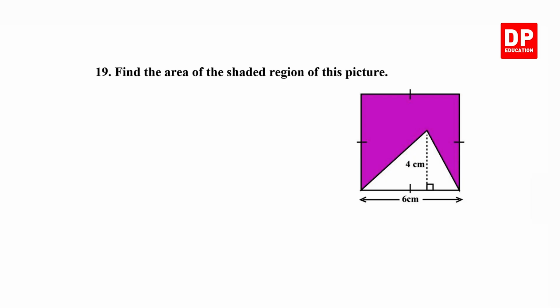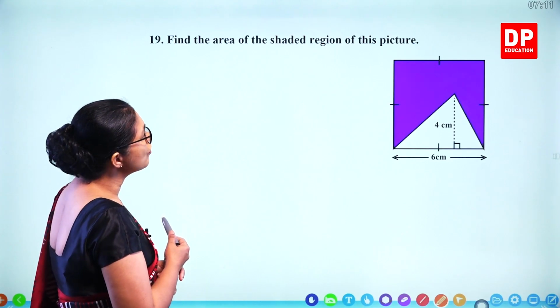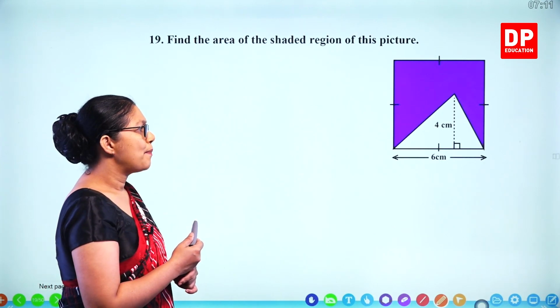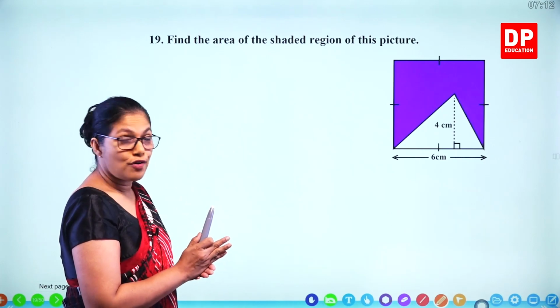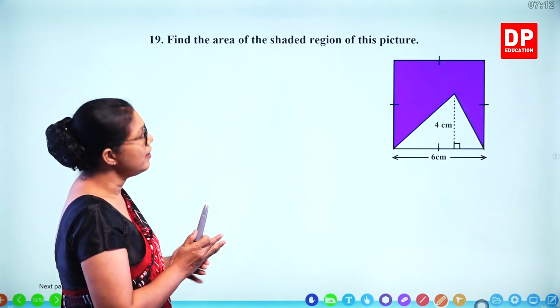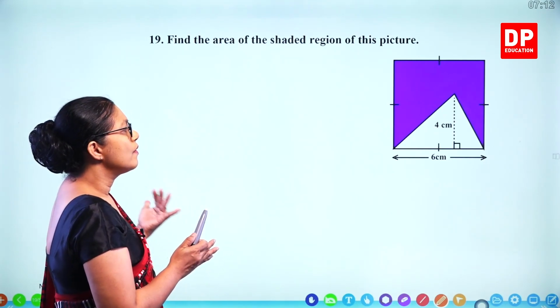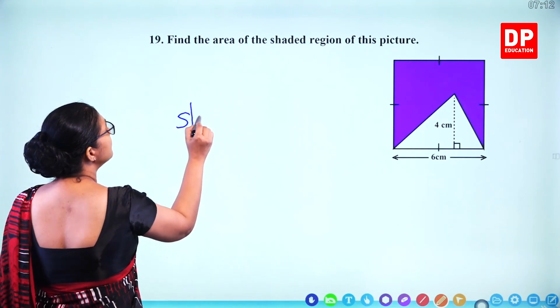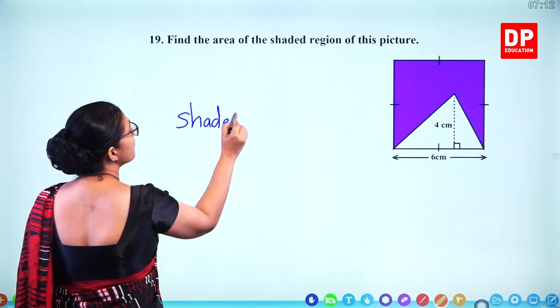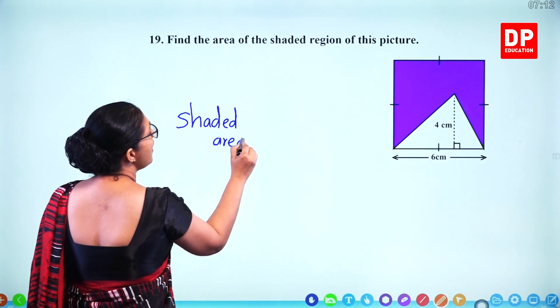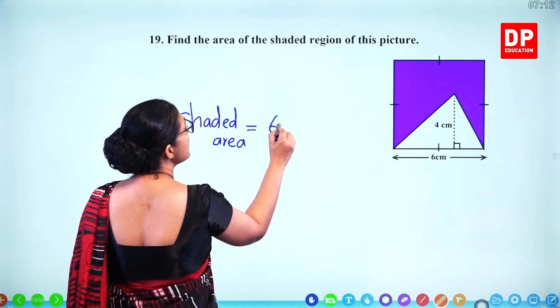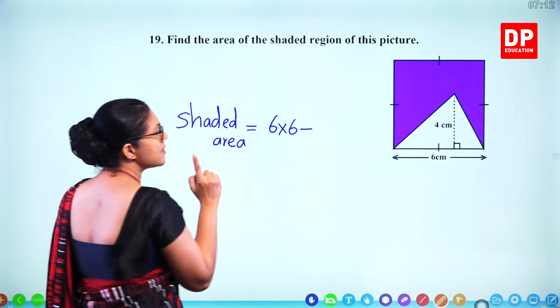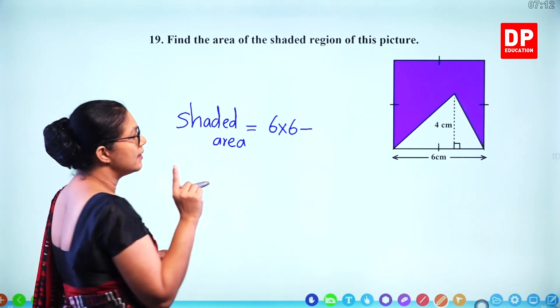Question number 19. Find the area of the shaded region of this picture. So that means it's a square, and if you subtract the area of the triangle, you get the shaded part. So find the shaded area. Area of the square. One side is 6. 6 into 6 minus area of the triangle.